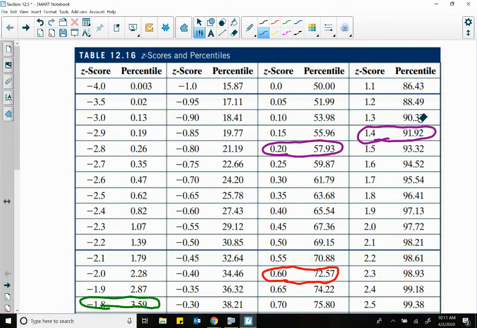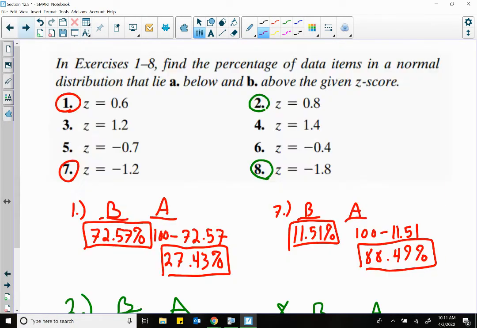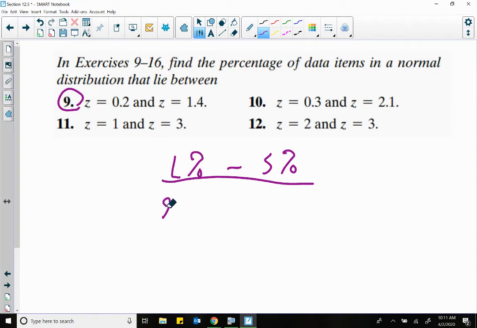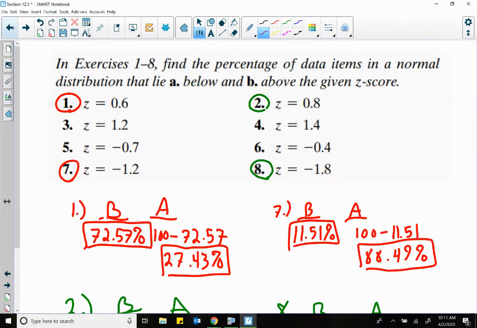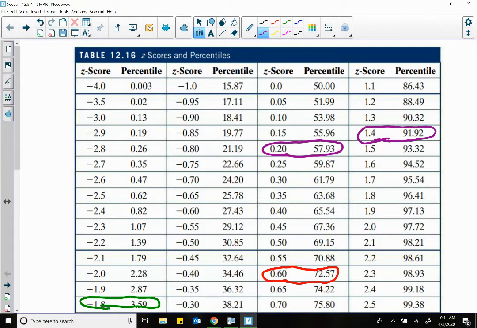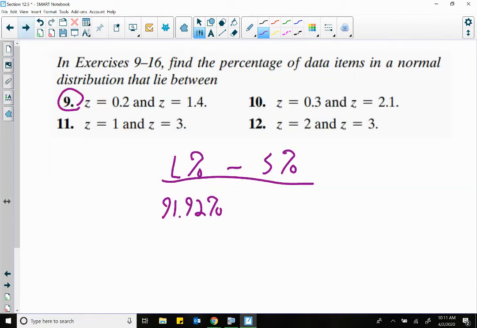So we're going to be taking 91.92 and we're going to subtract from that 57.93. Actually, we don't need the percentage sign in there until the very end.